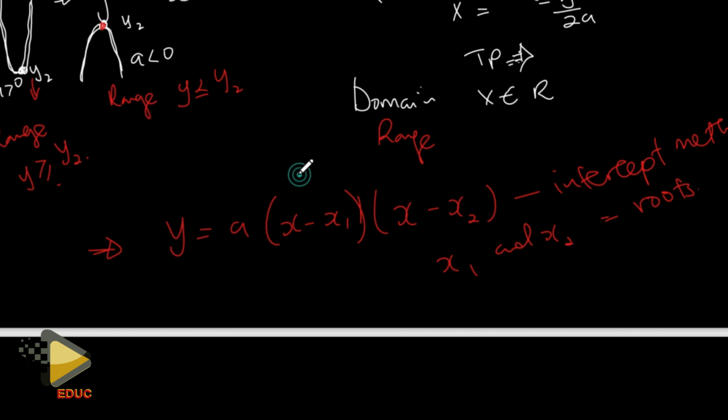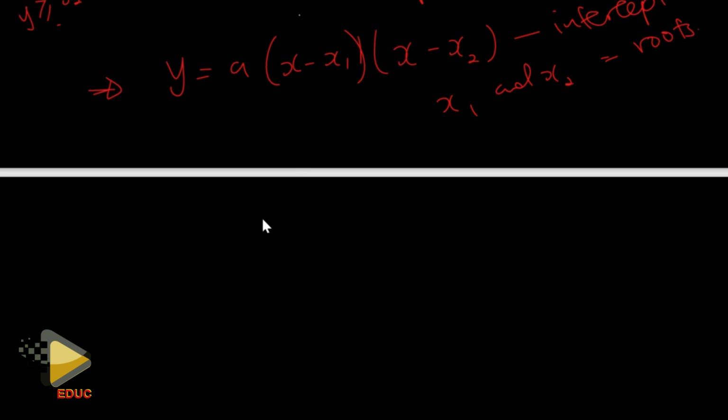The a is still indicating the nature of the graph, whether it's a smile or a frown.